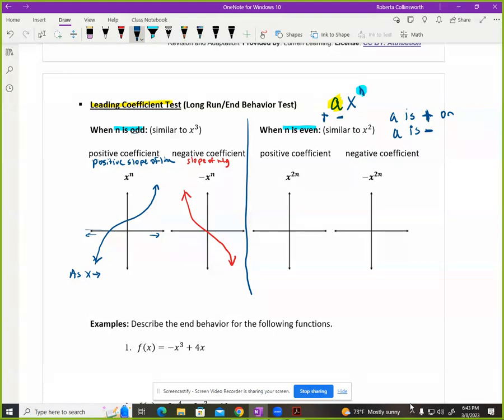As I'm going to negative infinity this way, then f of x is going to negative infinity. That means the y's are going down. Let's do the same thing on this part right here. As I'm going to positive infinity, then my f of x or my y values are also going to positive infinity.